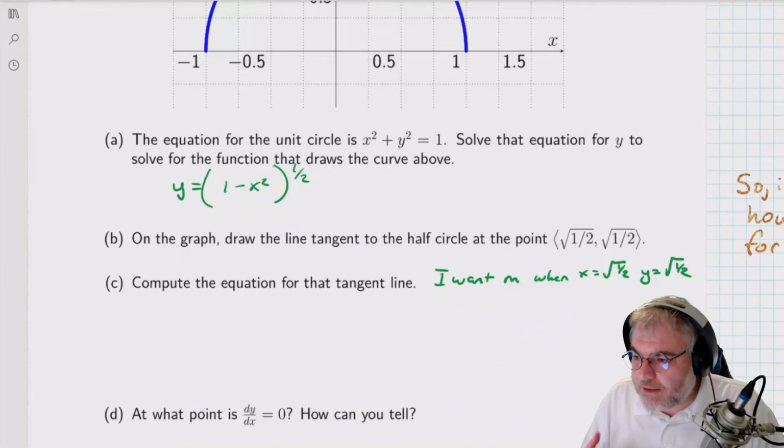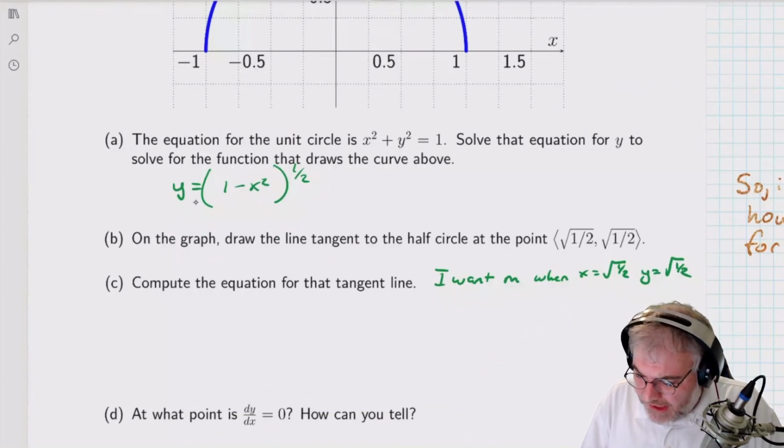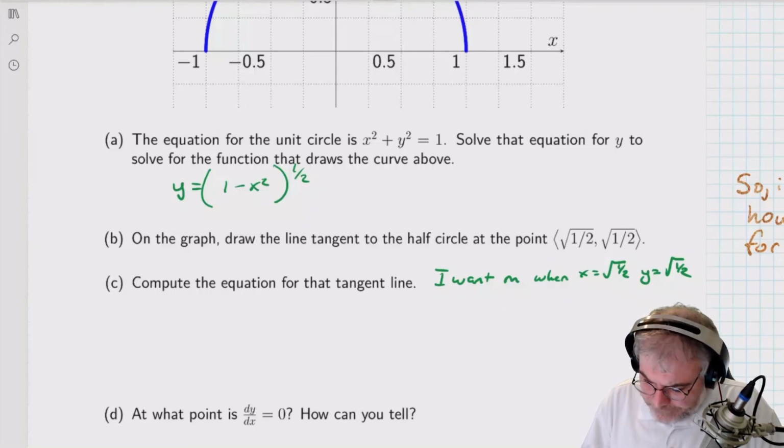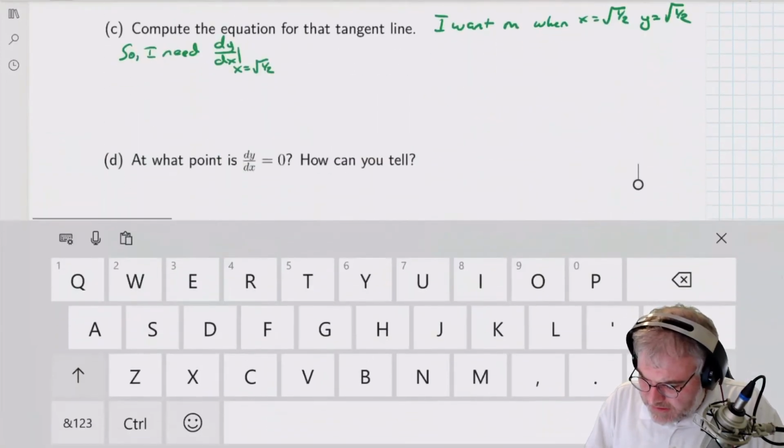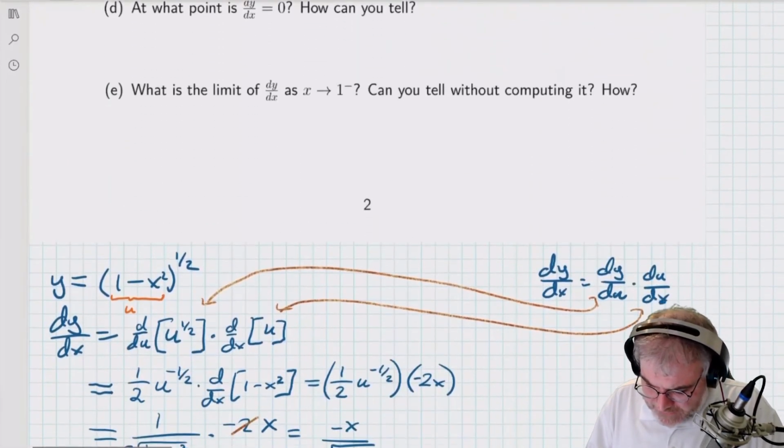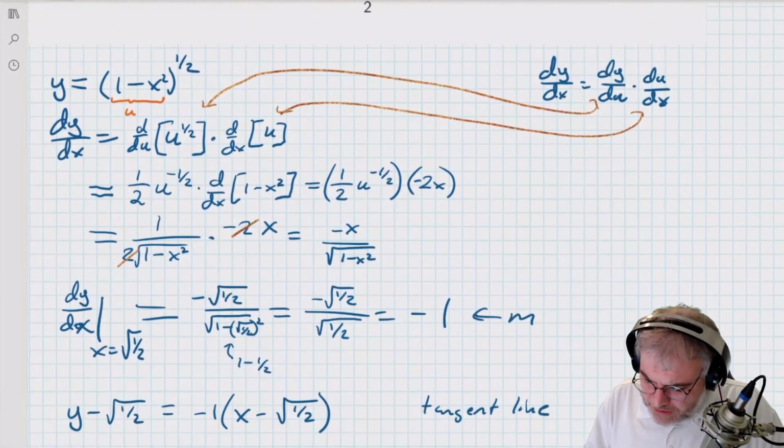All right. So what I'm going to do is I've got this is y, and I need dy over dx, when x equals the square root of 1/2. I didn't leave enough room, so I'm going to draw this out. So y is going to equal (1 minus x squared) to the 1/2, right?